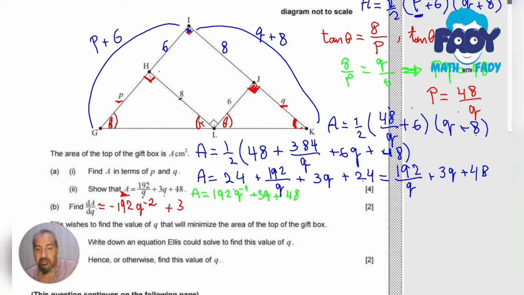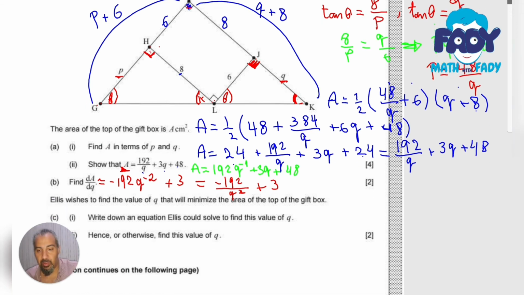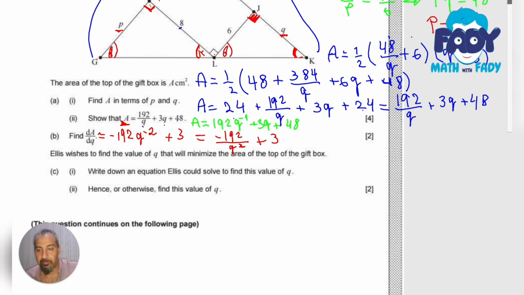And the derivative of 48 is 0, so we will not write this 0. We may leave our answer like this or write it as negative 192 over Q squared, moving this Q down, plus 3. Both are correct. This is B.